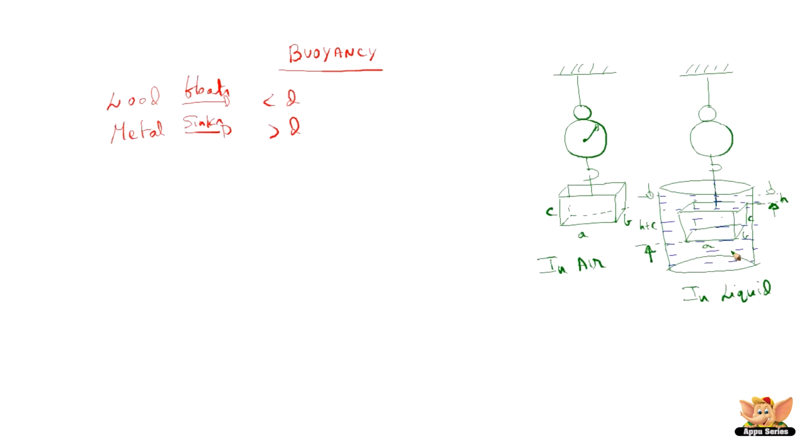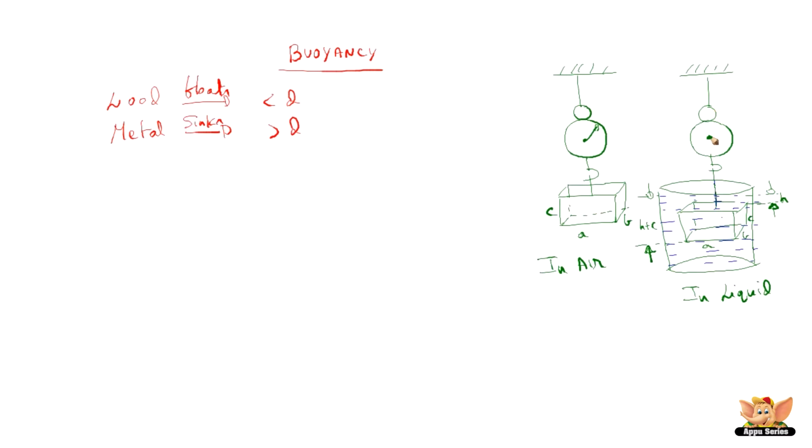The liquid in this figure exerts an upward buoyant force, an upward thrust. Buoyancy is nothing but a thrust. So it exerts an upward buoyant force on the box, so that the string hanging from the scale will show an apparently lesser weight than what it is in the air.